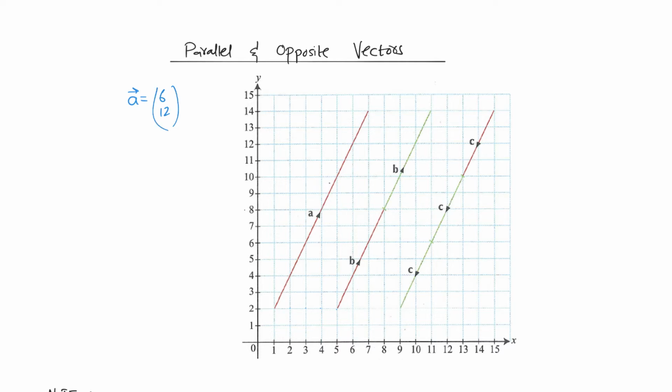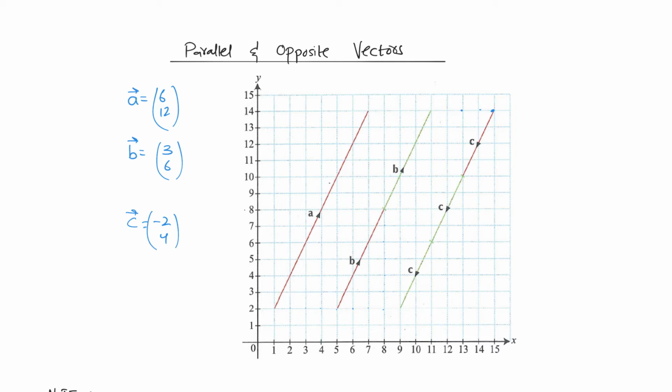Vector B, on the other hand, comes out to be 3 and 6. Vector C, just one vector C, comes out to be -1, -2, -2 and -4, as you can appreciate from the diagram.